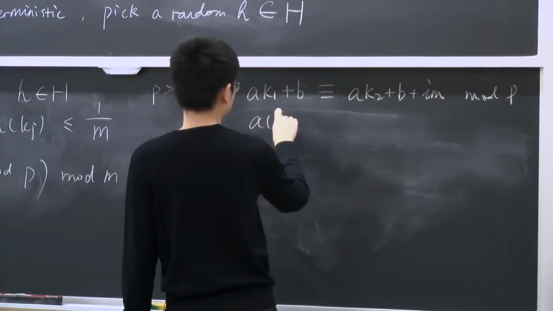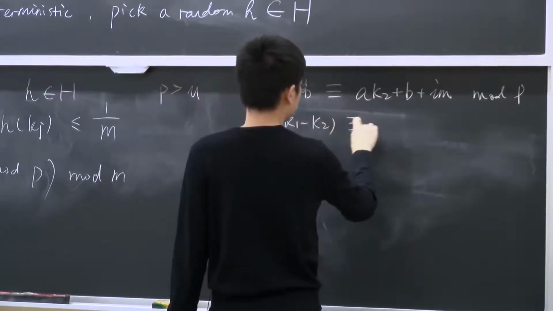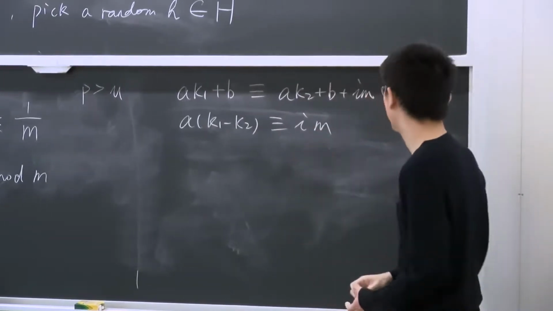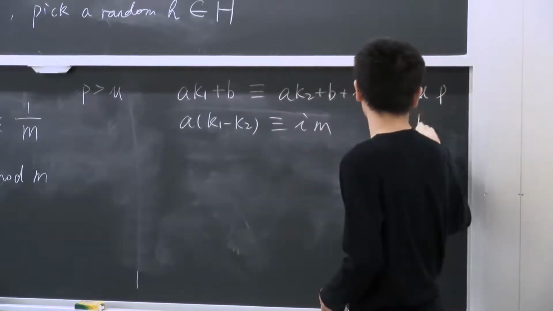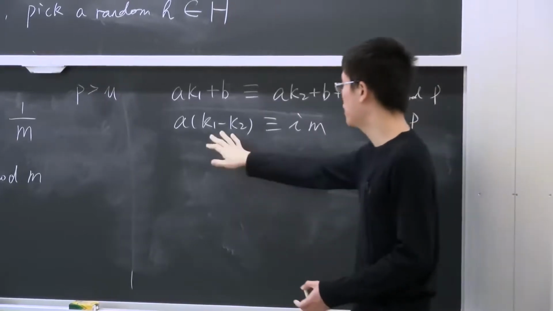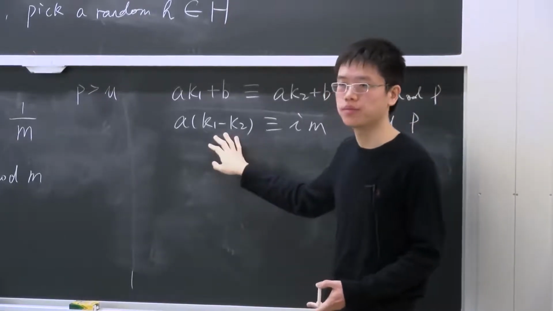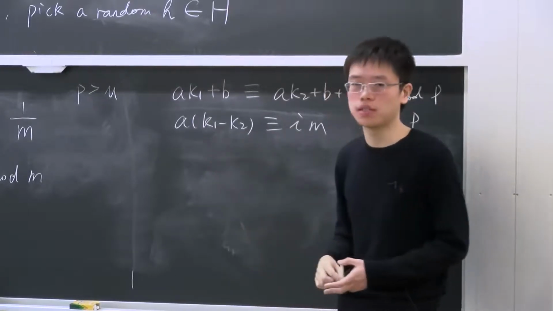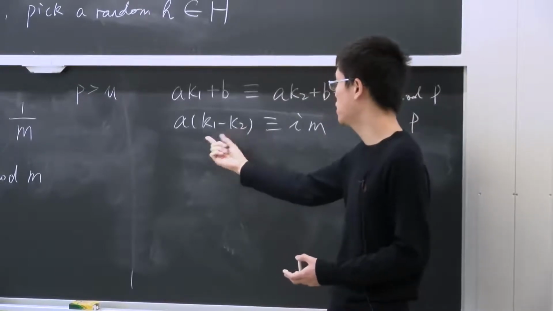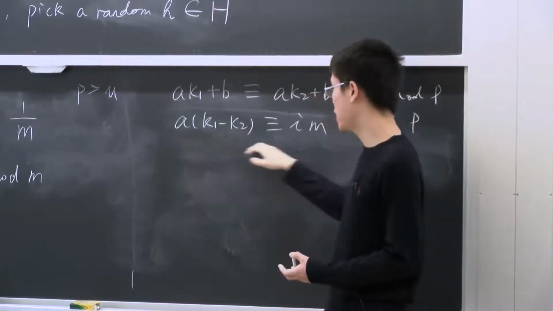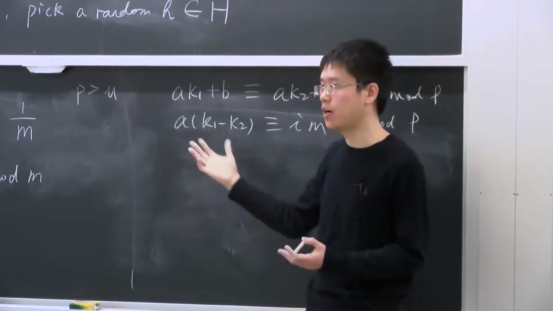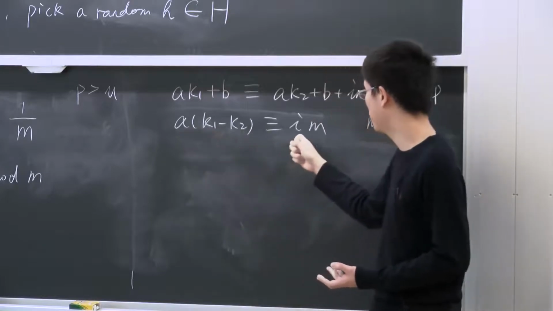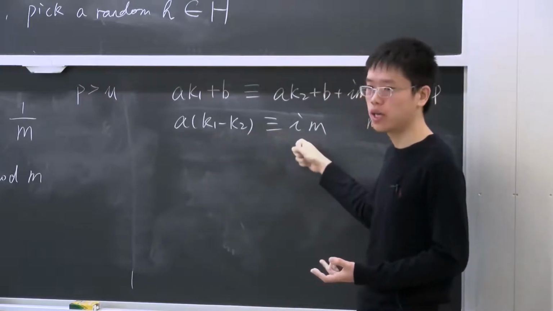Now I can quickly write it as a times the difference of the keys equals a multiple of m, mod p. Now k1 and k2 are not equal, so the difference is non-zero. And in this group, based on some number theory, we have an inverse element for it. So if this happens, we'll call it a bad a. How many bad a's do I have? One bad a will make this equation hold with i equals 1.